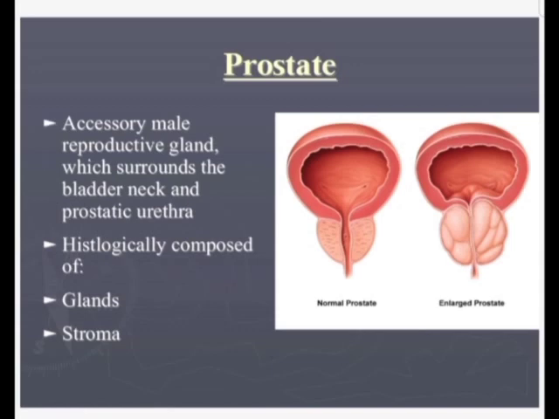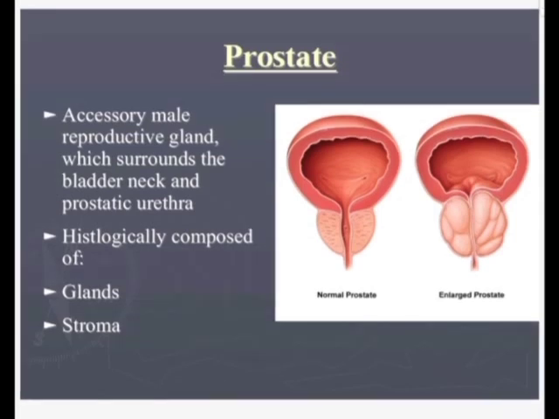The glandular elements are located in 3 different areas which surround the urethra in a concentric manner. So this is the prostate gland, which is surrounding the neck of the urinary bladder, and it is around the urethra, and the part of the urethra which is passing through this gland is the prostatic part of the urethra.